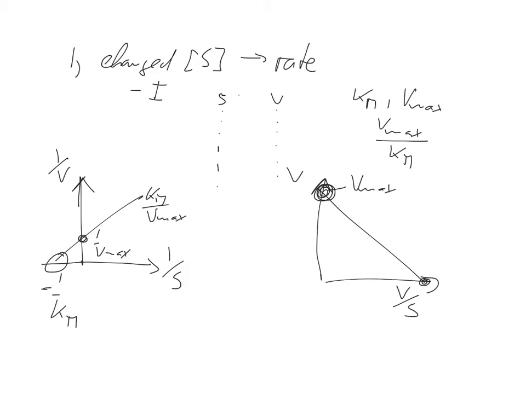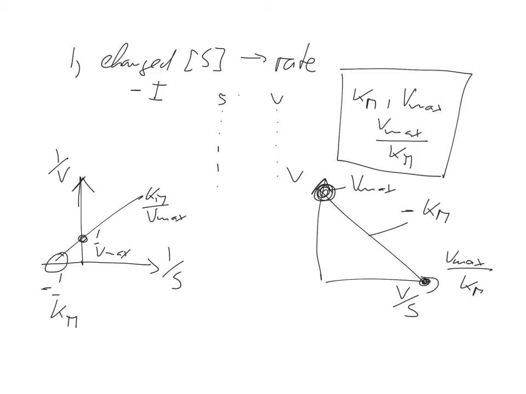This point here gives you Vmax over Km. And the gradient of that gives you negative Km. So with this, in this experiment, you basically look at the data and try to figure out the enzyme characteristics, Km, Vmax, and Vmax over Km.